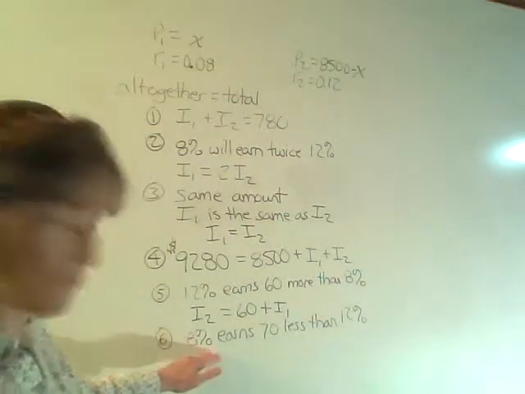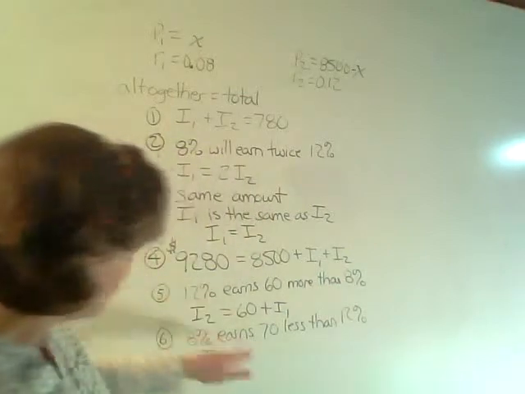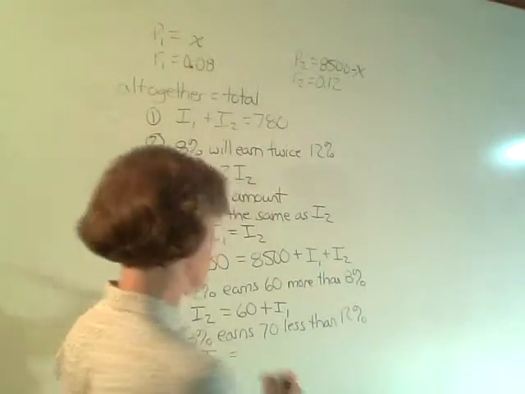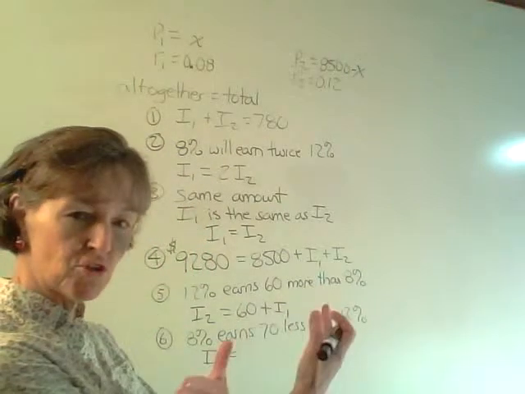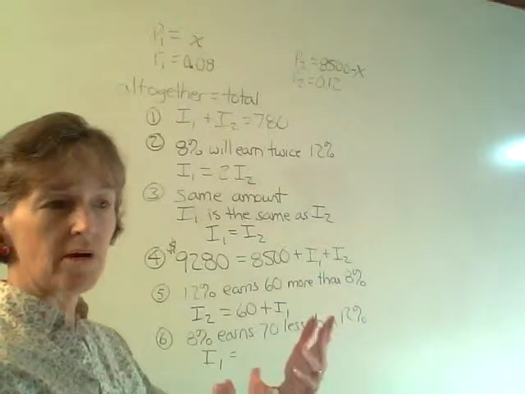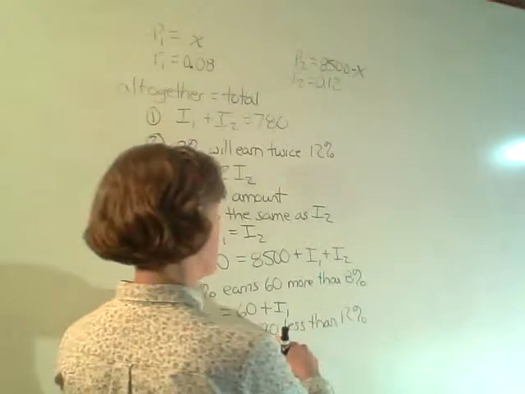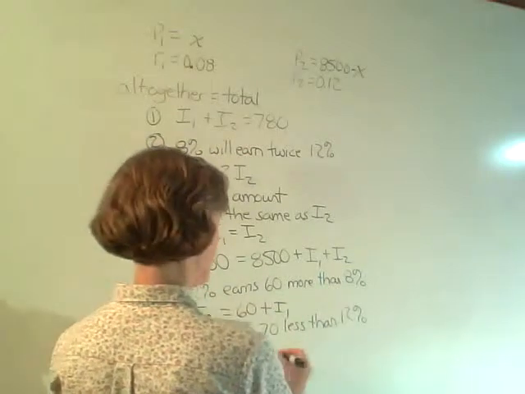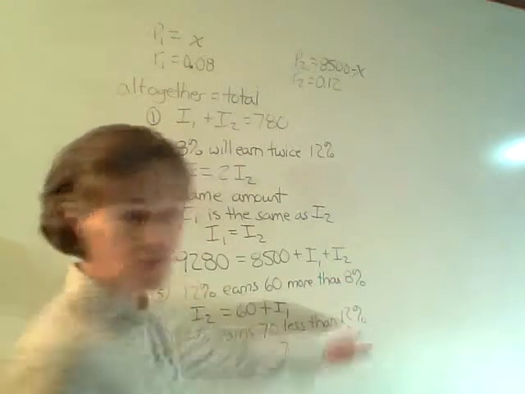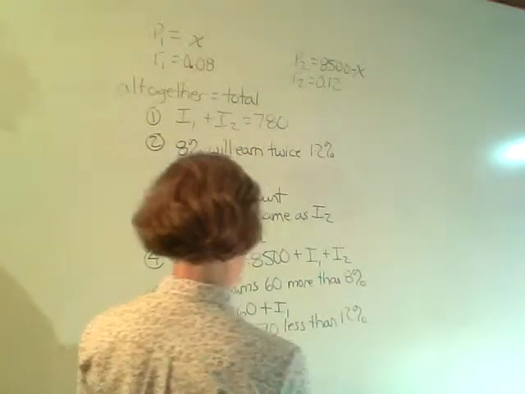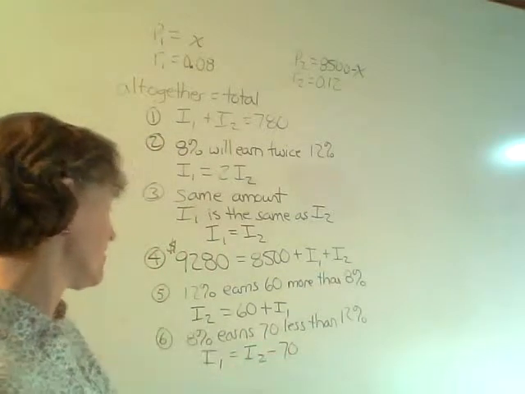The money earned from the 8% account, which is I1, equals 70 less than. Now less than, remember, we have to turn that statement around. It's basically the only statement where you have to write it backwards. So instead of saying 70 minus, I'm going to say something minus 70, and it's the money earned in the 12% account, which is I2. So it's I2 minus 70.